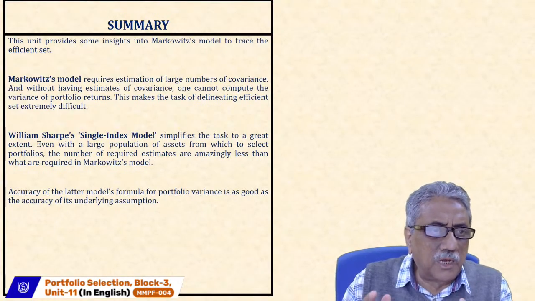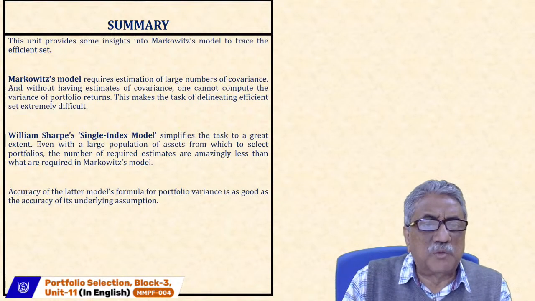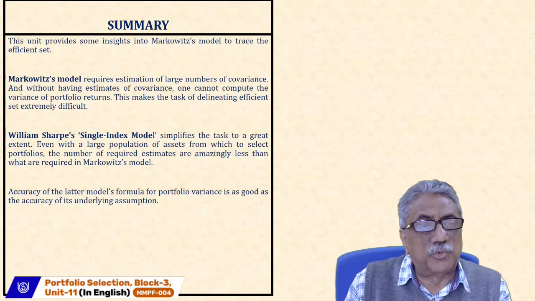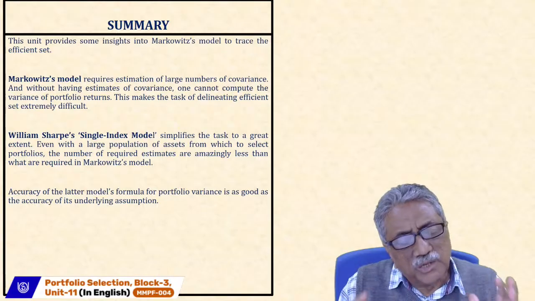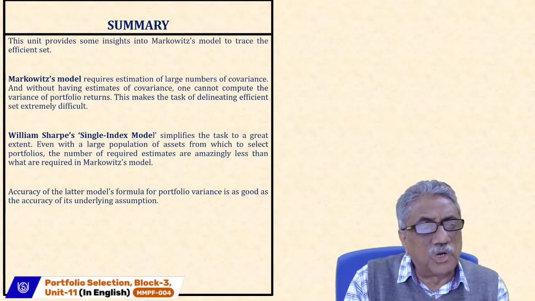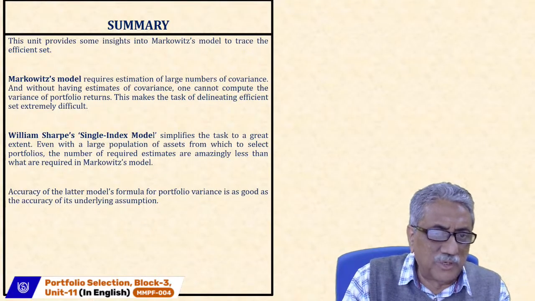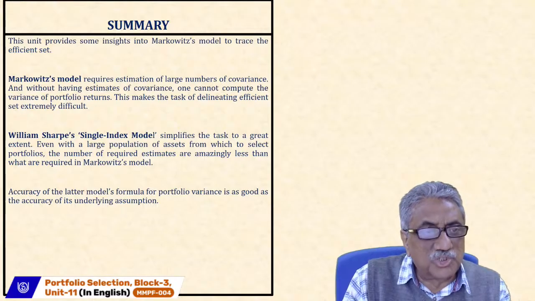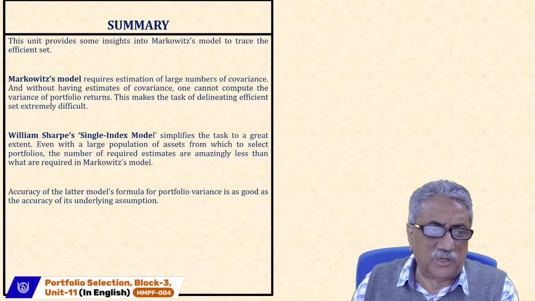So even with a large population of assets from which to select a portfolio, the number of required estimates is amazingly less than what is required in Markowitz's model, as I told you. So if you are dealing with 200 shares, only 200 estimations are required, how they are linked to the index. That's what you have to calculate and select the stock. So this is the simplicity William Sharpe's single index model brought in.